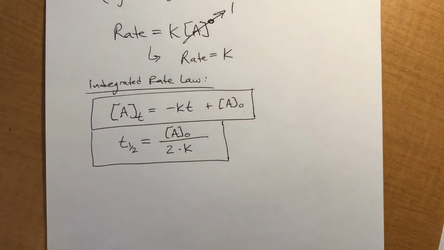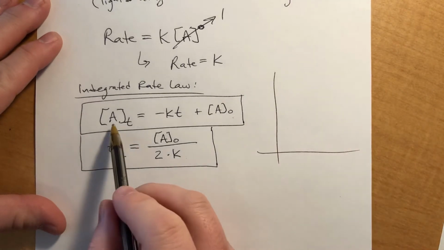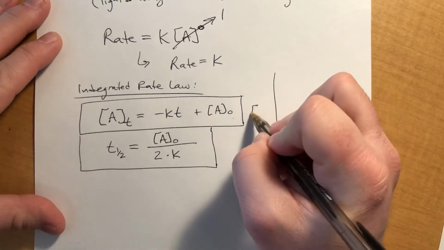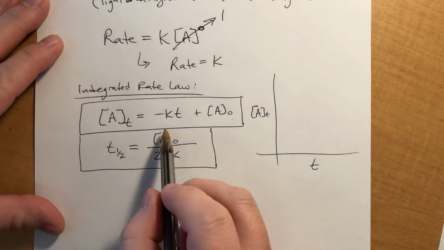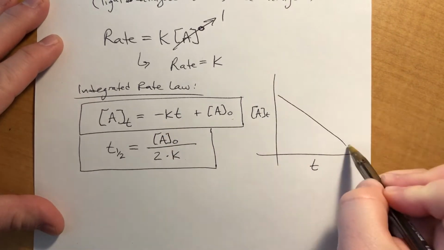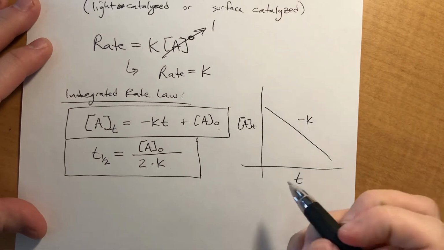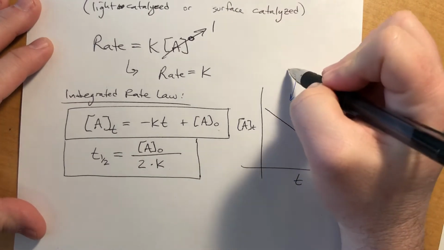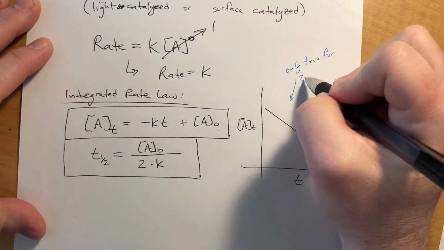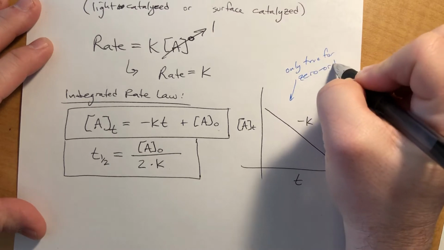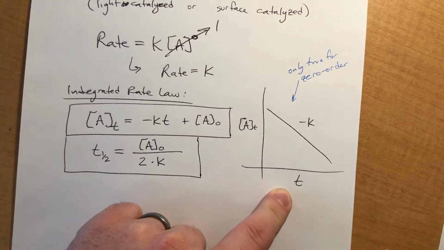And I know towards the end of the last video, I talked about plotting these things. You can do similar stuff with this. For this one, you'd be plotting concentration versus time, which seems like the most logical option. And because it's negative kt, you're going to get a line, and negative k is your slope. So this is only true for zero order. If you plot concentration versus time and it's a first order reaction, you're going to get a weird curve.